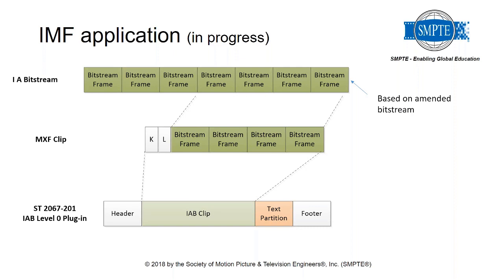So this is called an Immersive Audio Bitstream IMF Level 0 plugin. The document contains all of the supplemental information that is needed to define what needs to be done to the base IMF specs to support this new essence type.